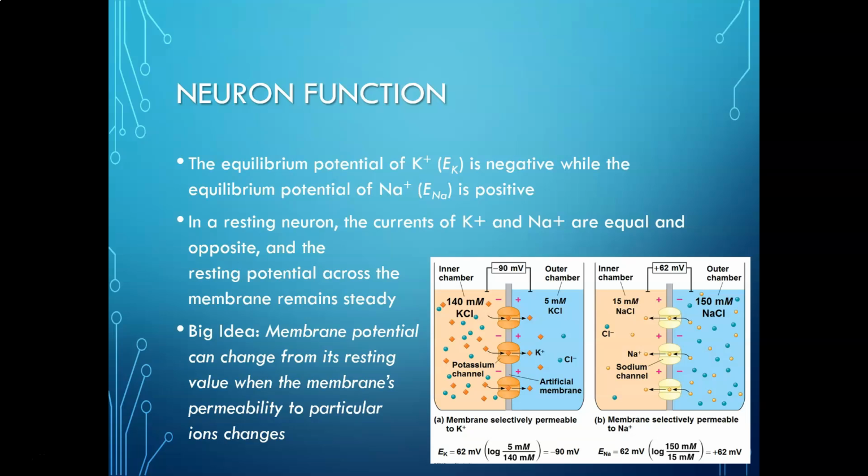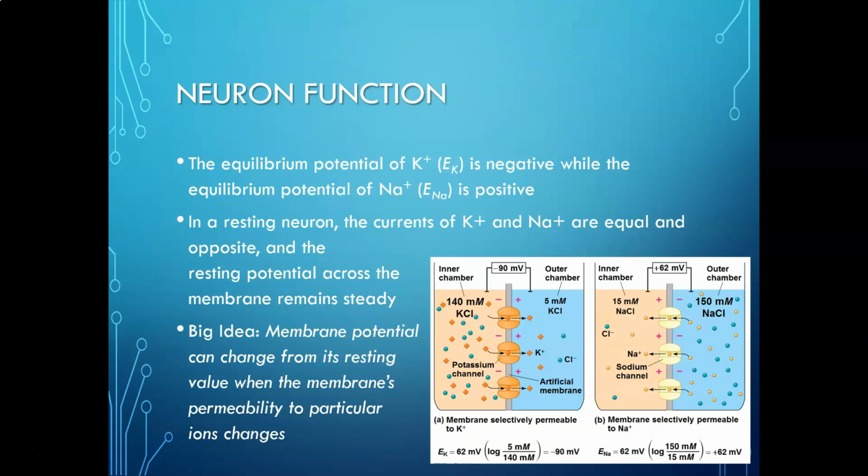So what's the big takeaway here? Your membrane potentials can change from their resting value when the membrane's permeability to a particular ion changes. So if I leave the permeability to sodium, potassium, chloride, any other ion consistent and steady, you will get that overarching equilibrium to be met, and so the cell can't send any signal.